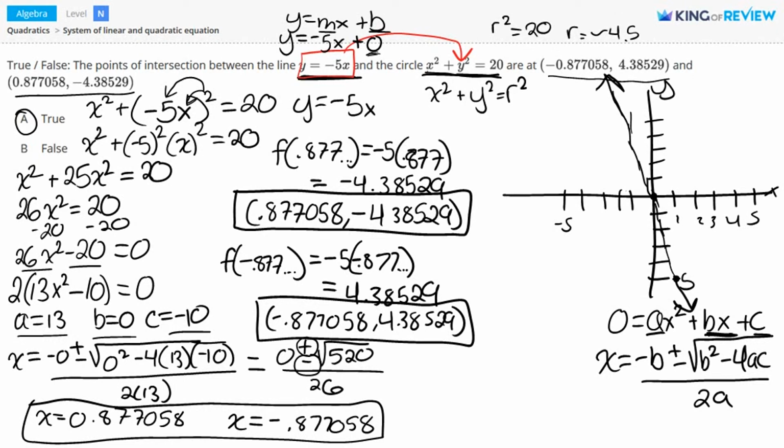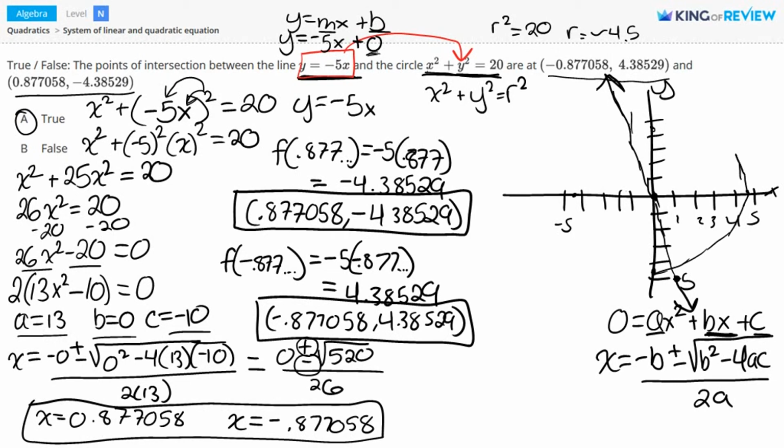So we know that the center of this circle is at the origin, and the radius is about 4.5. So we know that we have a point here on our circle, a point here, one here, and one here. So we can use these points to draw in a circle.